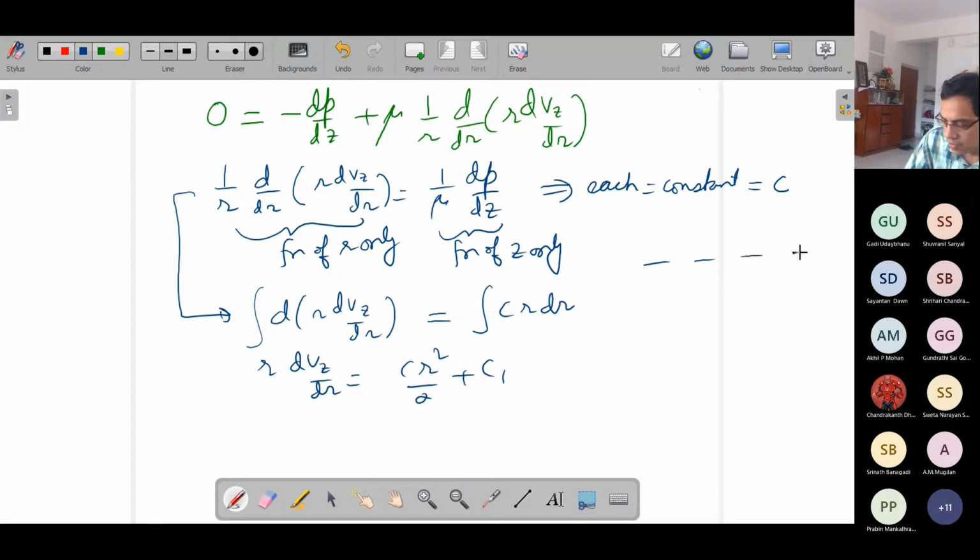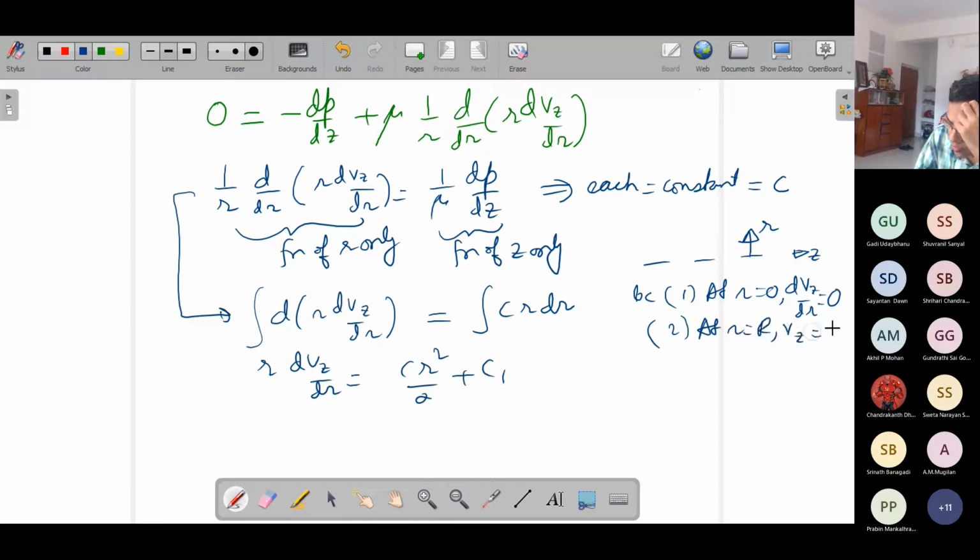Remember that this is the center line of the cylinder pipe, and so this is the z direction and this is the r direction. And because of the center line symmetry, what are the boundary conditions? At r equal to 0, you must have dvz dr equal to 0. That is, vz is maximum at the center line, and at small r equal to capital R, you have vz equal to 0.